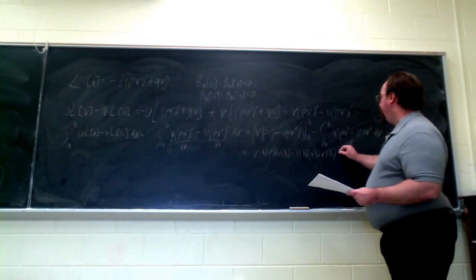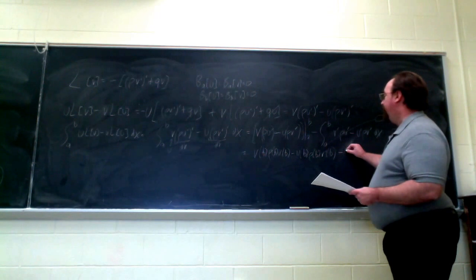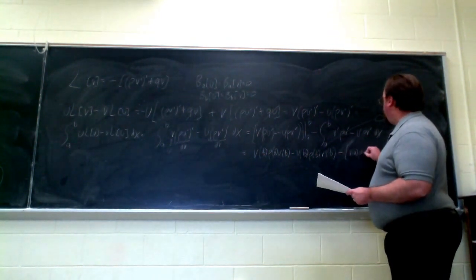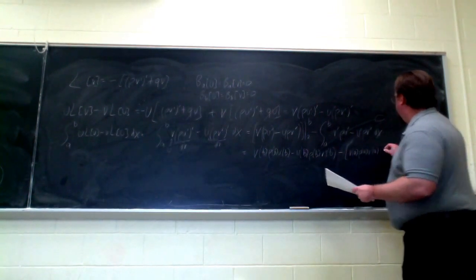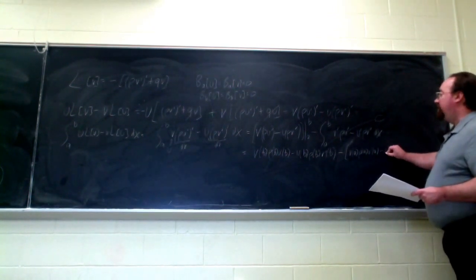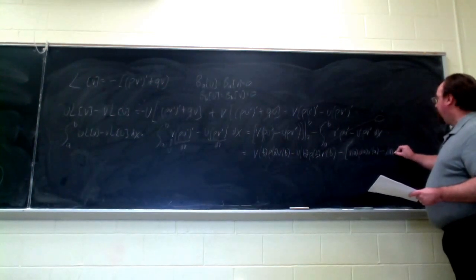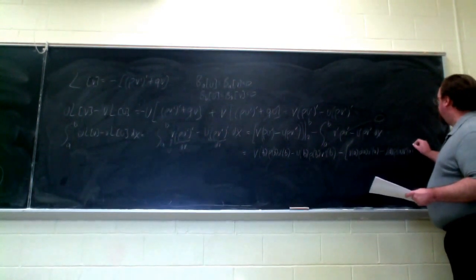And then I have minus v of a, p of a, u prime of a, minus u of a, p of a, v prime of a, with brackets around it.